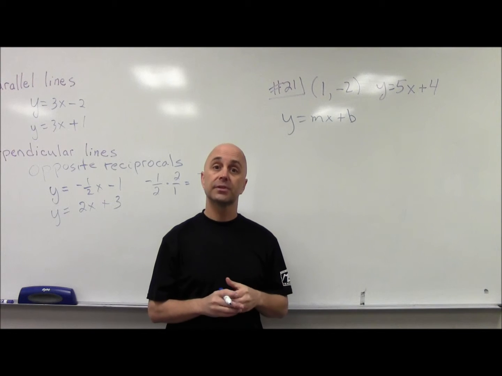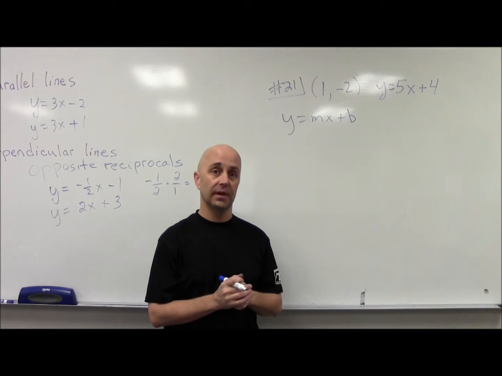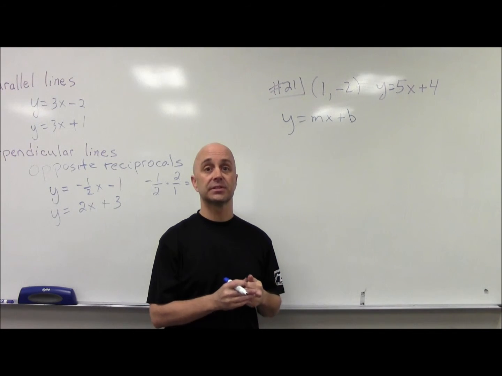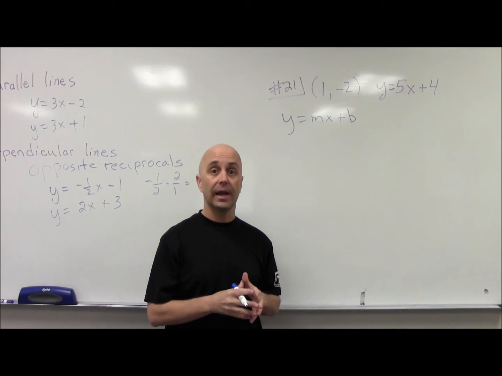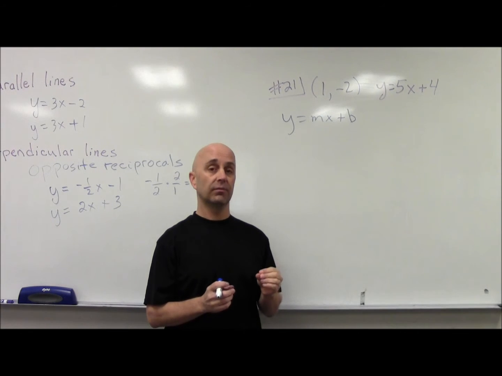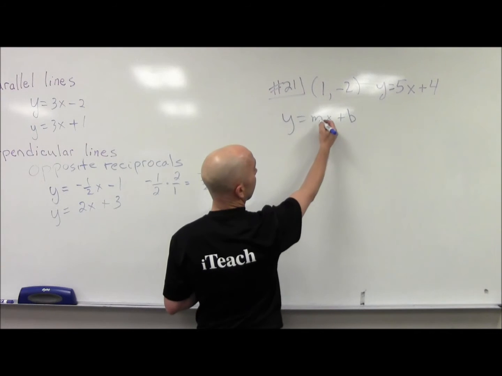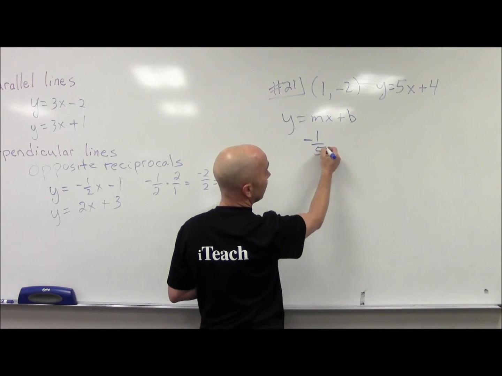If I'm looking for the slope, I know since it's perpendicular that it has to be negative 1/5, because it's the opposite reciprocal of the other equation's slope. And since that slope is 5, my slope of my new line has to be negative 1/5. If you multiply 5 times negative 1/5, you have a product of negative 1. So I can put that right in here for m, negative 1/5.